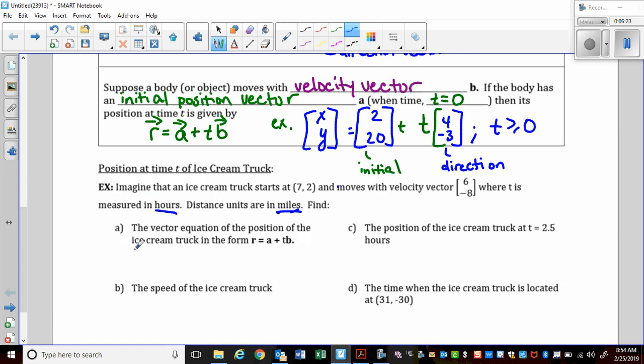So imagine that an ice cream truck starts at (7, 2). So this is my initial right here, (7, 2). And I see that there's only 2 variables, so I know I'm only going to have x, y equals, remember a is my initial, so this is (7, 2).